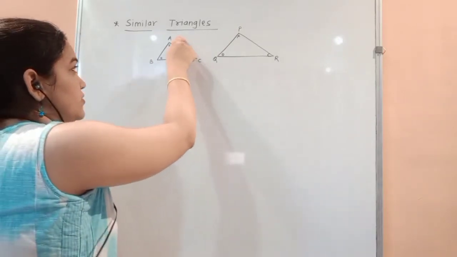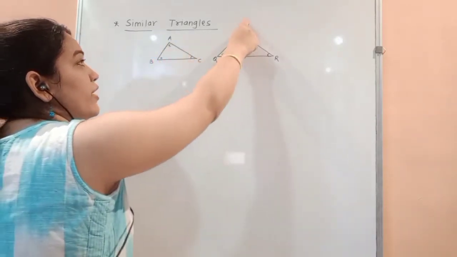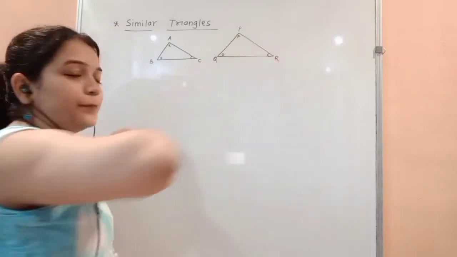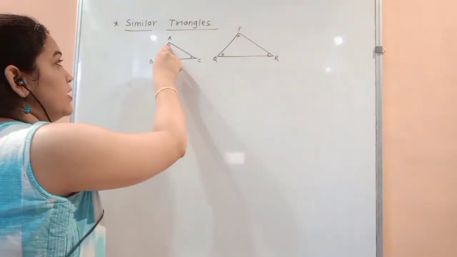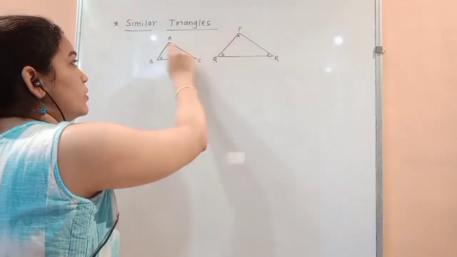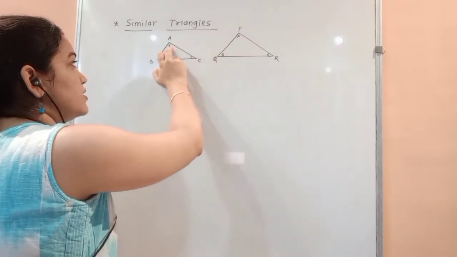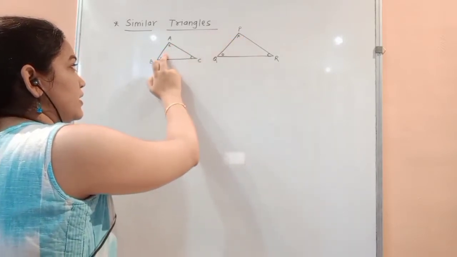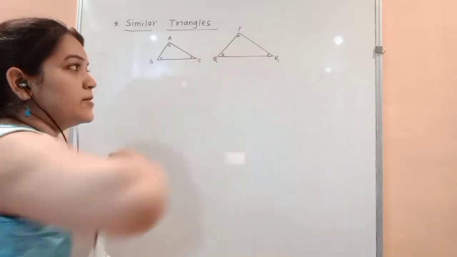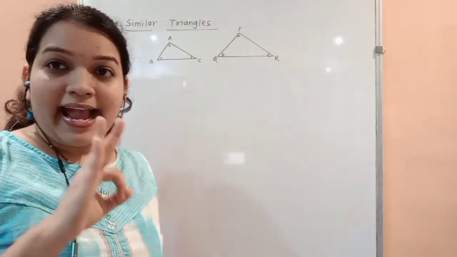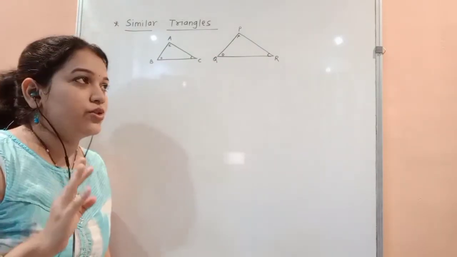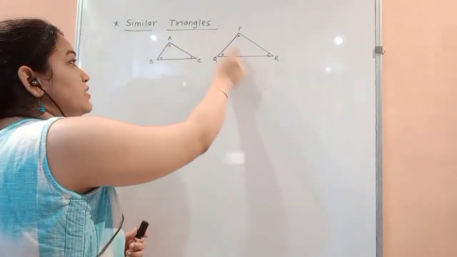Now see this triangle ABC and triangle PQR. Here some congruent signs are given. This is congruent to this, this to this, and this to this. What does it mean? There are three angles for each triangle, yes or no, and three sides.